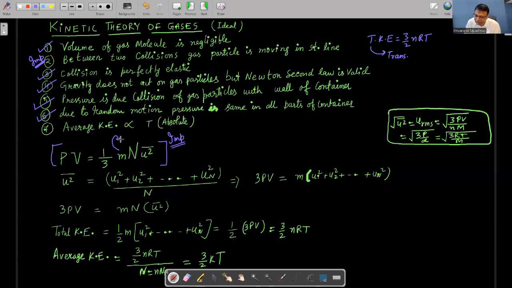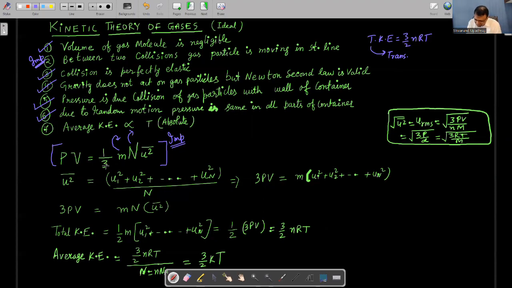N is the total number of particles in the container, and u square mean means average of square speed. So this u square mean is u1 square plus u2 square plus dot dot dot un square upon N. This is average of square of speeds of all the gas particles.